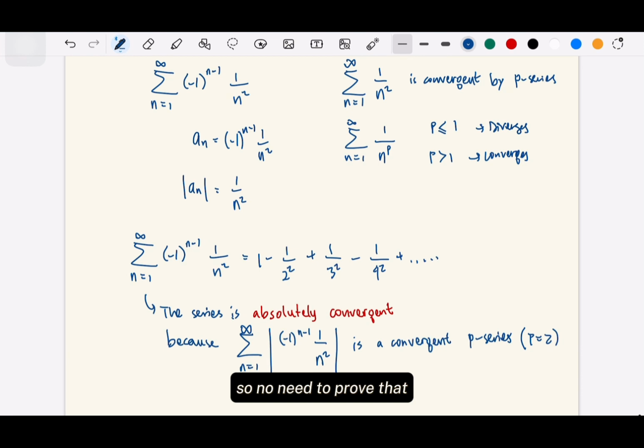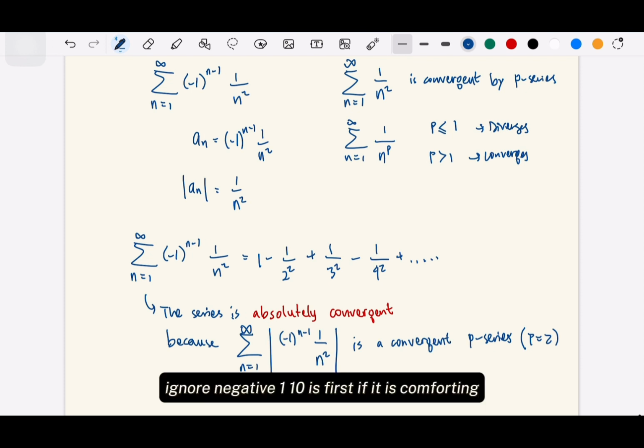So no need to prove by the alternating series test that it is convergent, because by itself it's convergent. So every time you have an alternating series, ignore the (-1). Check this first. If it is convergent, we can write it's absolutely convergent.